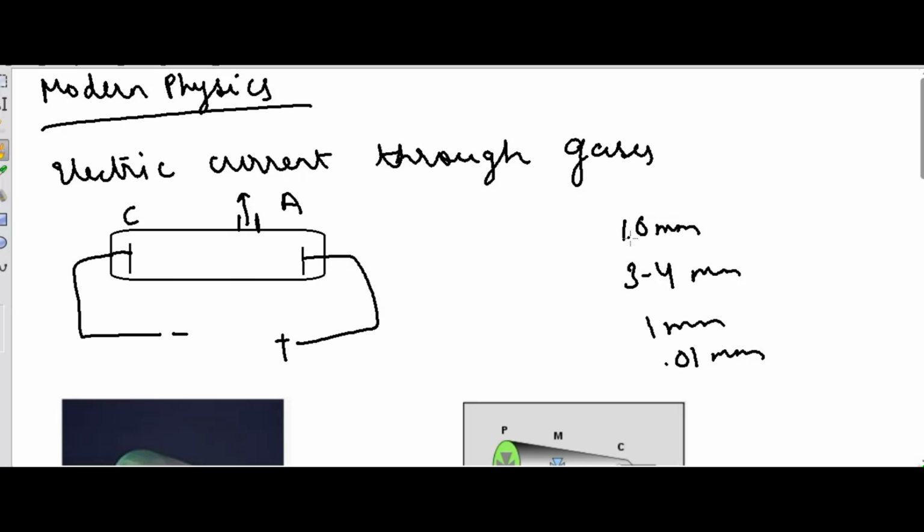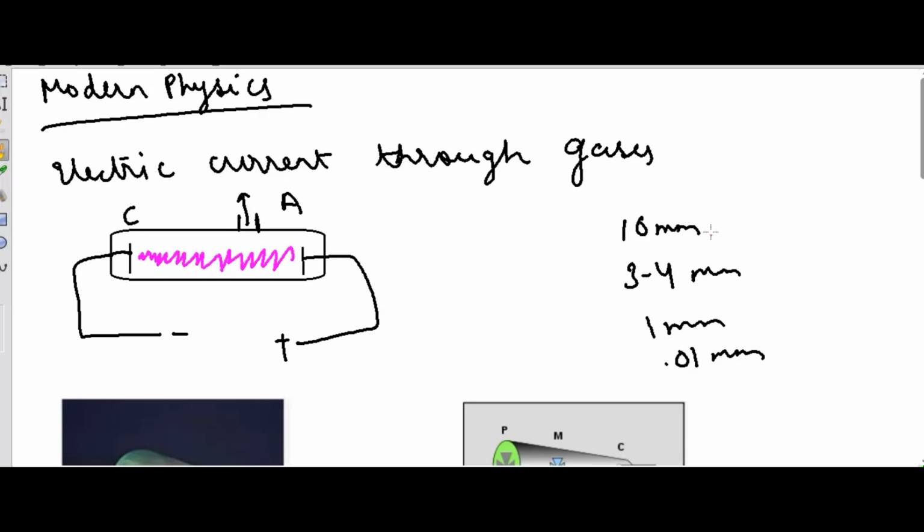What happens when the pressure drops to about 10 millimeter of mercury? We see a reddish glow which starts from the anode and glows almost till the cathode. It's not a very good diagram, but first let us discuss what we observe, and we'll discuss the cause of these glows later.